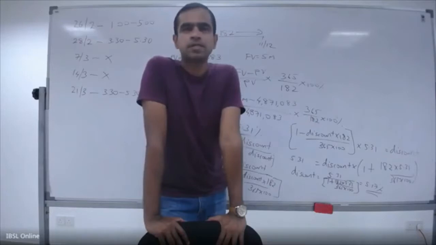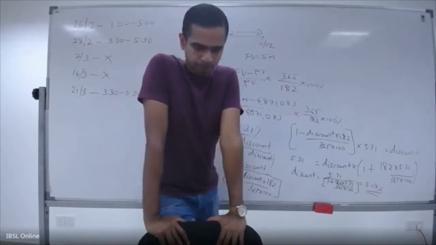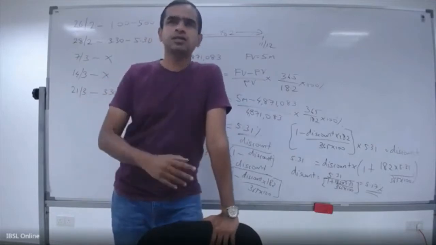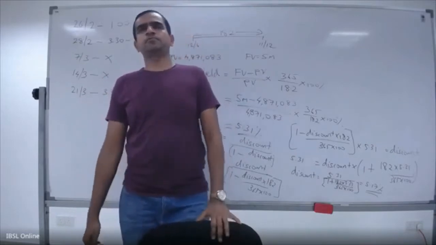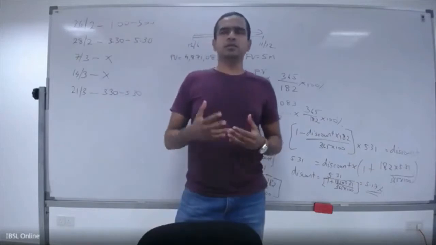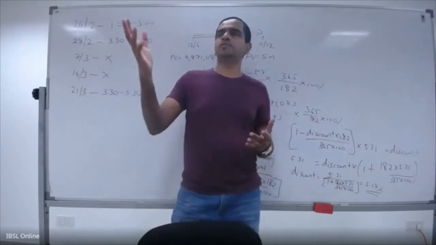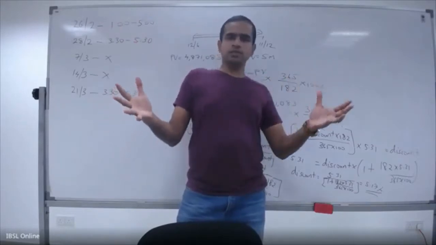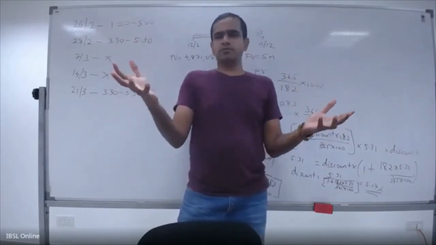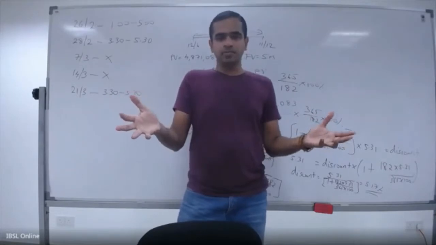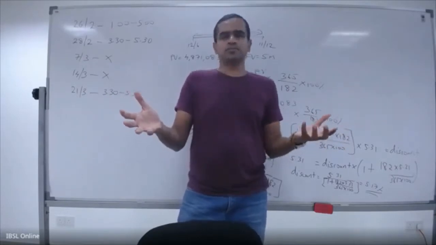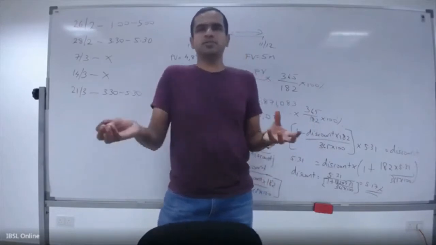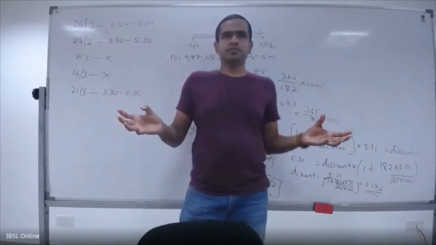Whereas discount means on the face value, how much is taken off. So if an investment is worth 100 rupees, which you will receive in 5 years, how much of a discount are you buying it for today? Or if it's worth 100 rupees in 1 year, what is the discount you get when you buy it today? It's the discount you get on the face value.